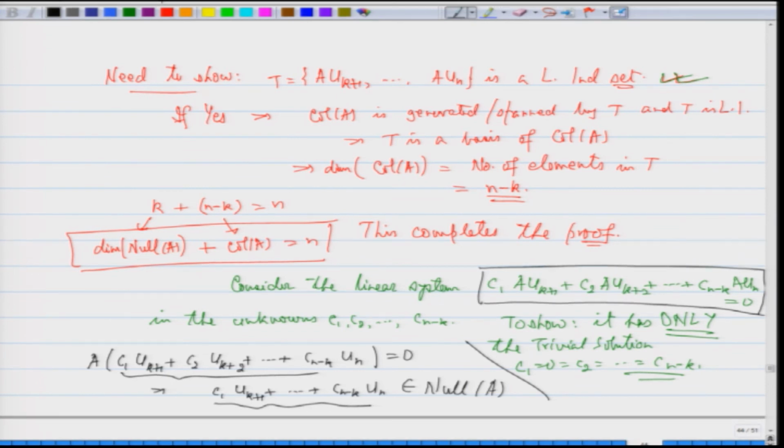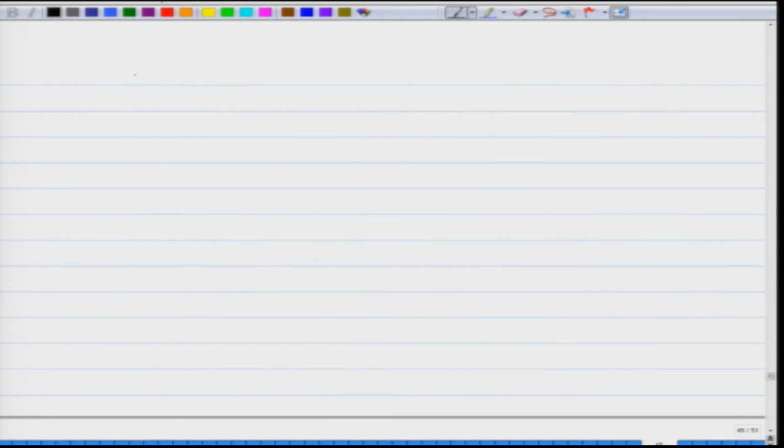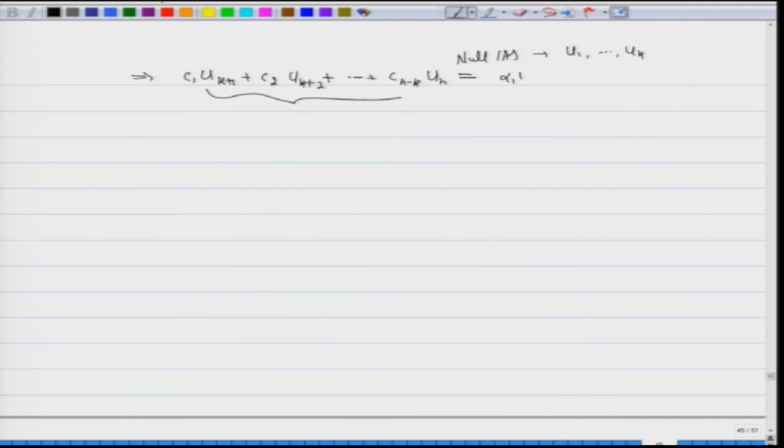Now, since it is an element of the null space of A, and the null space of A has a basis, u1 to uk, I can express this vector as a linear combination: some alpha 1 u1 plus alpha 2 u2 plus alpha k uk. Is that okay?